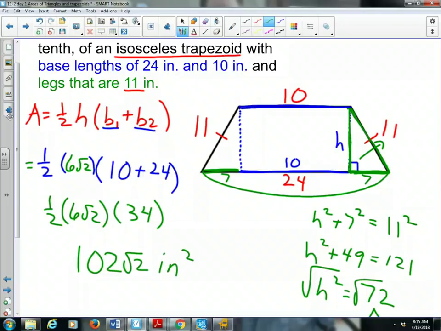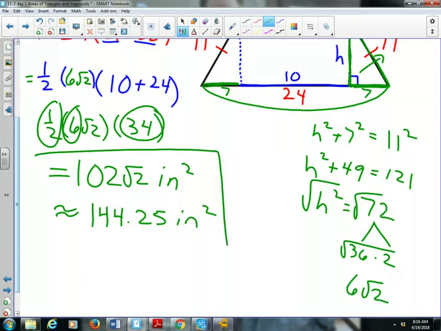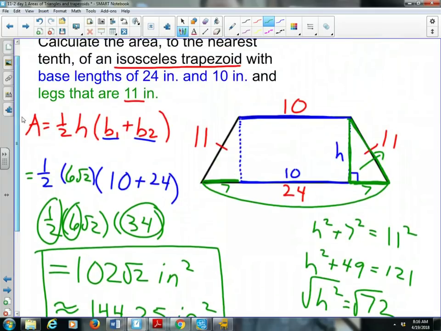If you take 1/2 times 6 times 34, you get 102 square root 2 inches squared. That's the exact answer. The approximate answer, when you multiply 102 times the square root of 2, is 144.25 inches squared. There's about 144 square inches that fit in this trapezoid.